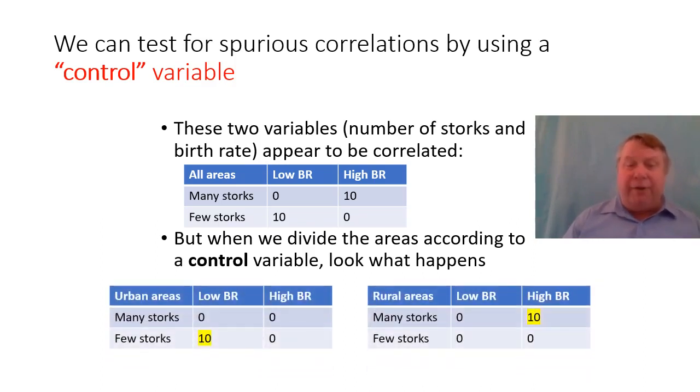Now, in urban areas, you notice all the urban areas have low birth rates and few storks, whereas all the rural areas have high birth rates and many storks. So in other words, when you look at the subtables, you notice there's no variation anymore. And without a variation, you do not have a correlation.